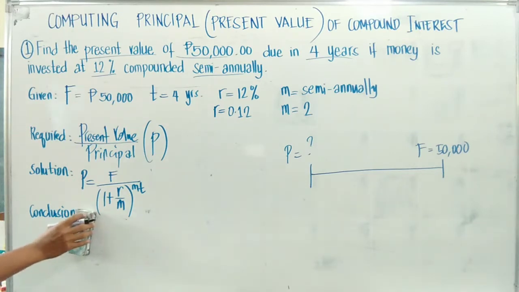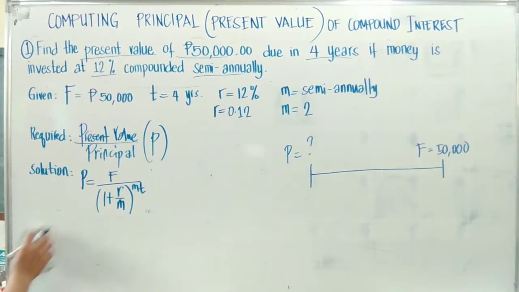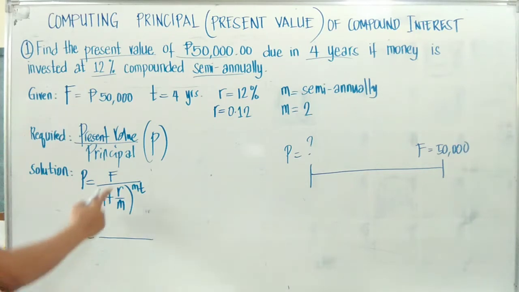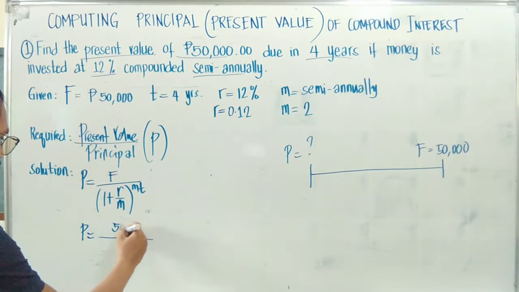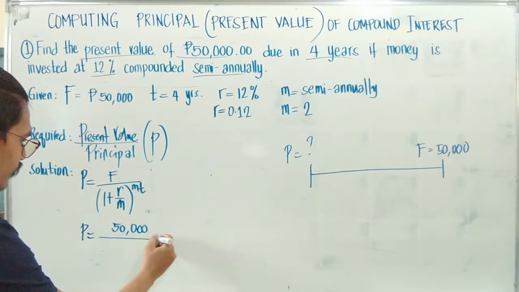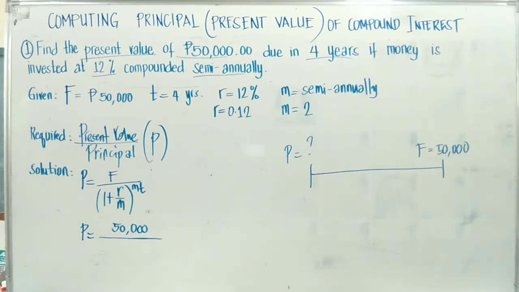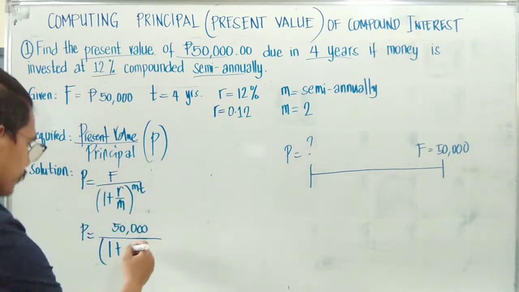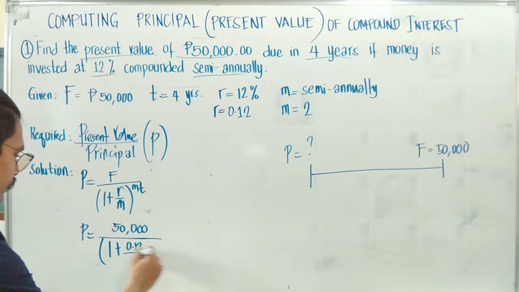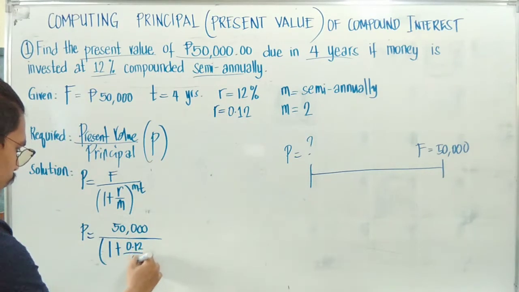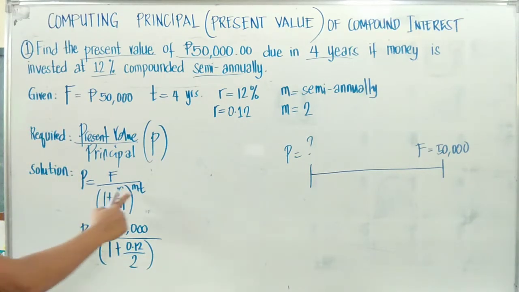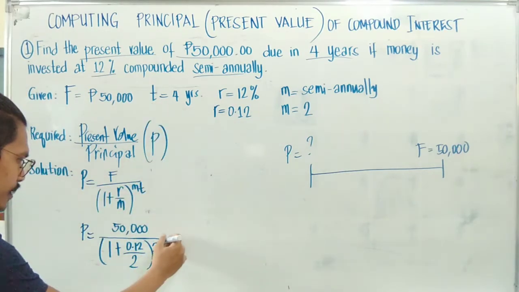So let's remove this conclusion first. So we have P, substitute the given, F is 50,000. Okay? Then R is 0.12. M is 2, raised to M, which is 2 again, times T, which is 4.